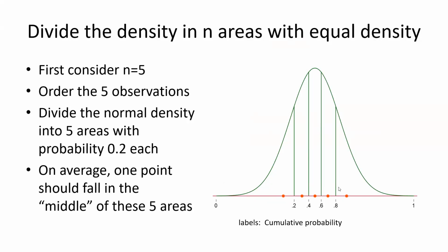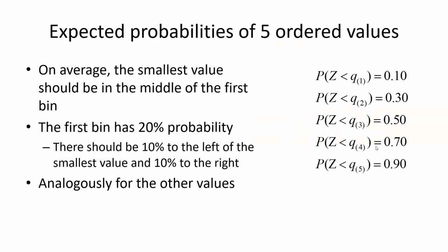So, if we know that this is a normal 0-1 distribution, then we can actually compute the quantiles. I'm getting a little ahead of myself. So here I'm just saying that I'm looking for a quantile that corresponds to the cumulative probability 0.1, 0.3, 0.5, 0.7, 0.9. That's what we had on the previous graph.